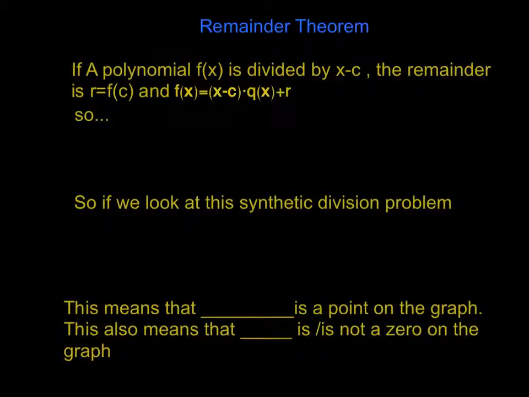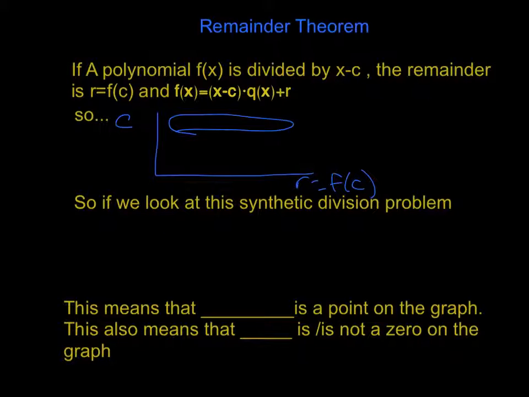So basically what that means is if my c is out here and my function is in here, then my remainder is down here, which is my f of c.